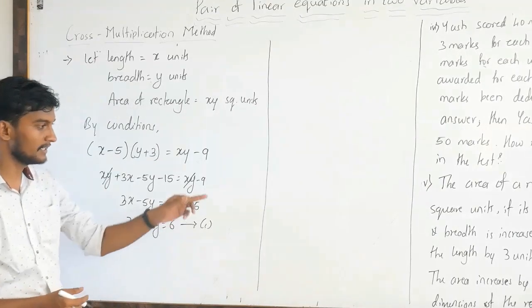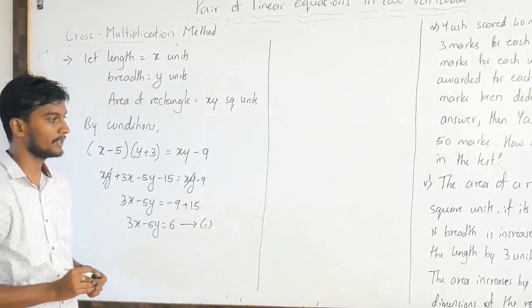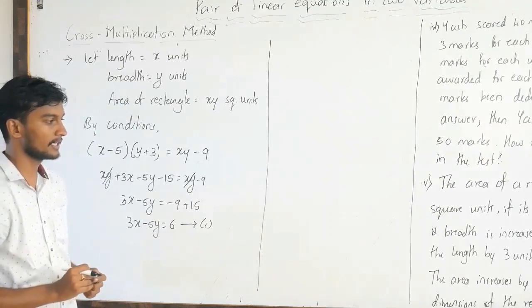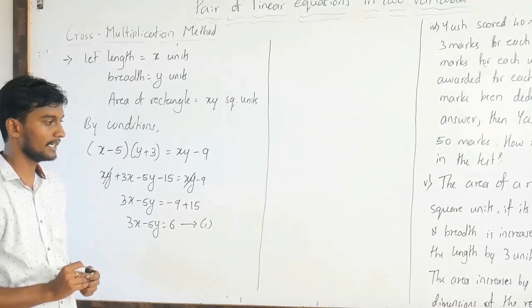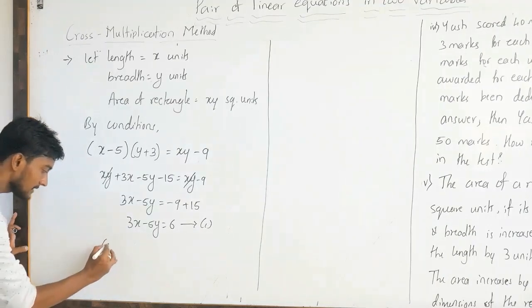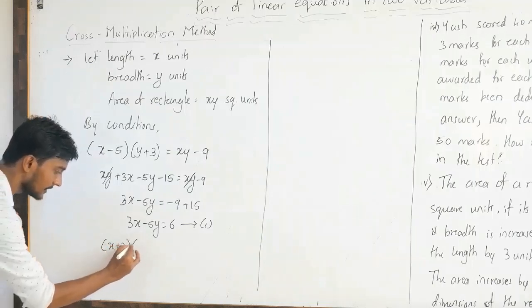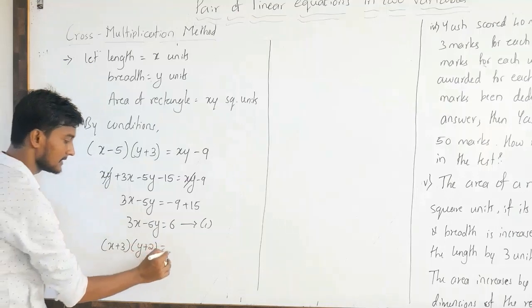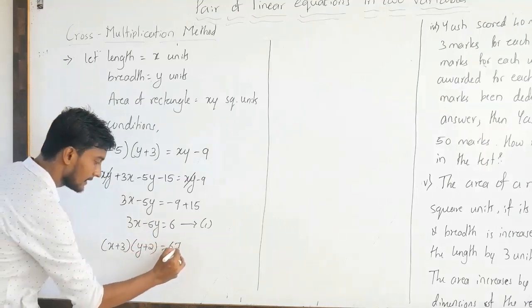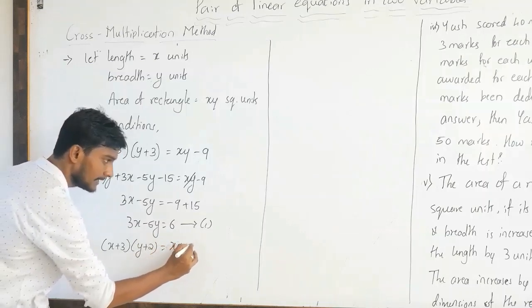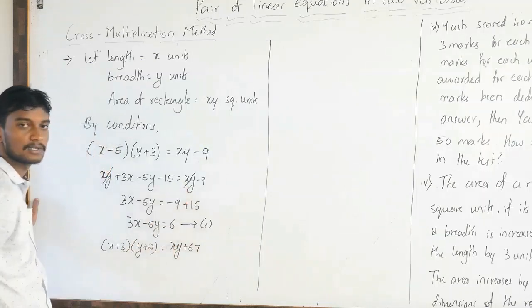The next condition: if we increase length by 3 units and breadth by 2 units, the area increases by 67 square units. Both we have to increase, so the area xy will increase by 67 square units.